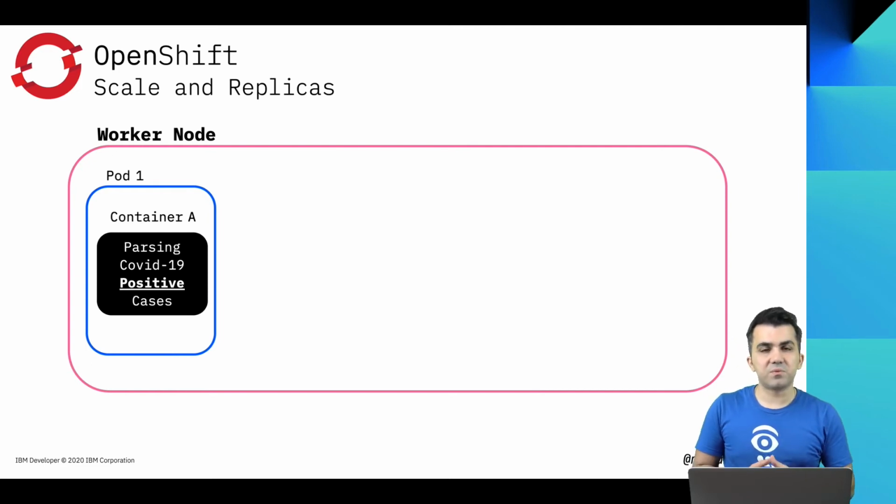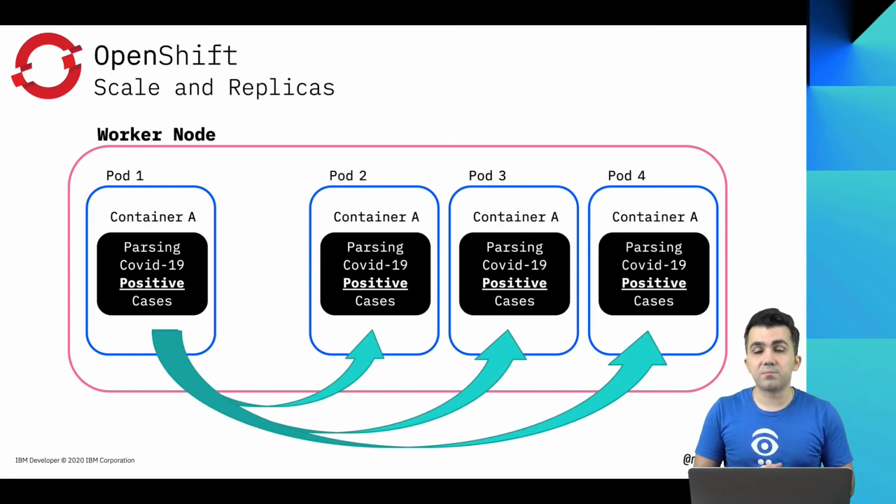If you remember from the previous lab, we had this concept of scaling and replica sets, which allows us to create multiple instances of our application. In this case, I'm going to create 3 more instances of my data parser, the app that we deployed in our default project. So I'm going to scale it to 4 pods.